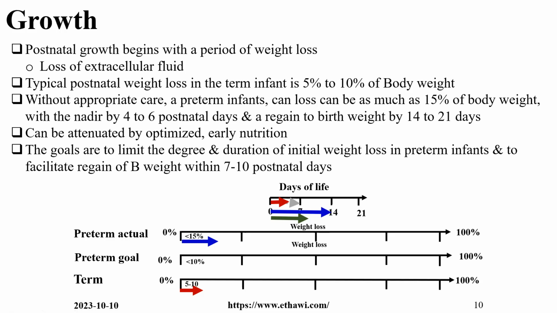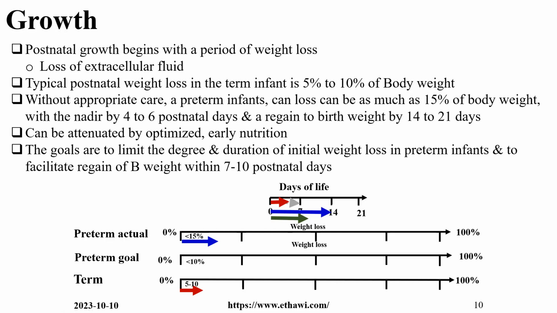Another target is that we have to reach back to the birth weight by day 7. If we do, that will be great. You can see here what's the actuality, and here what is the target for a term baby when we regain the birth weight.